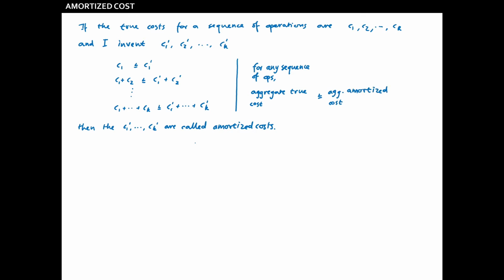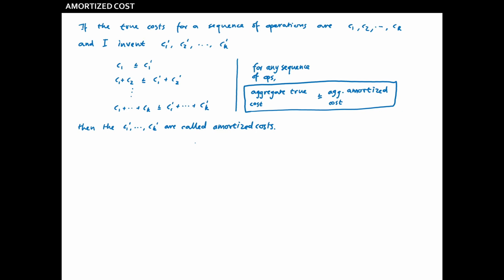And this inequality holds true for the first operation, it holds true for the sequence of 2 operations, it holds for the sequence of 3 operations. This fundamental inequality has to hold for any sequence of operations, no matter how long. This is the fundamental defining equation of amortized costs.